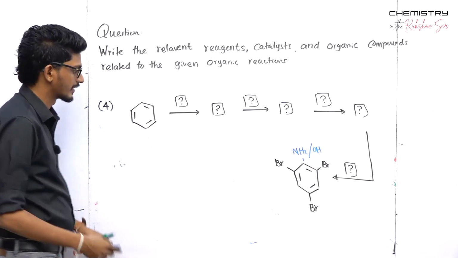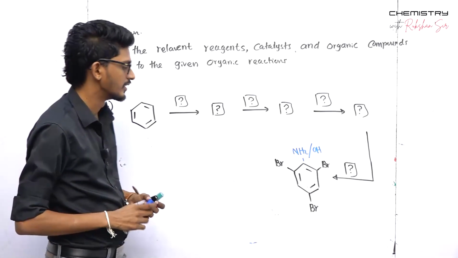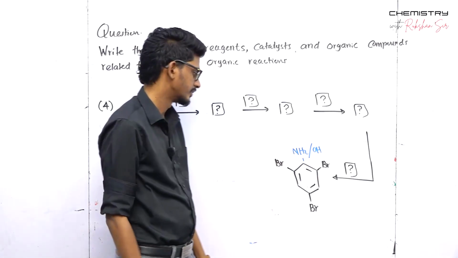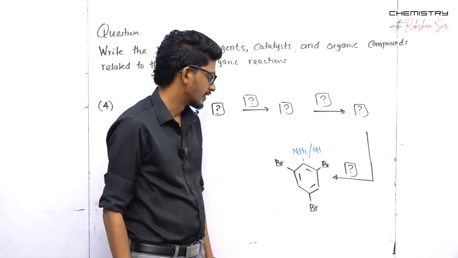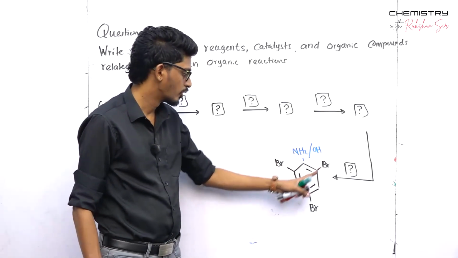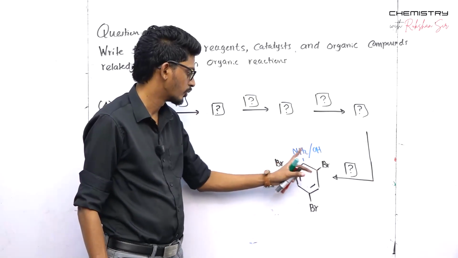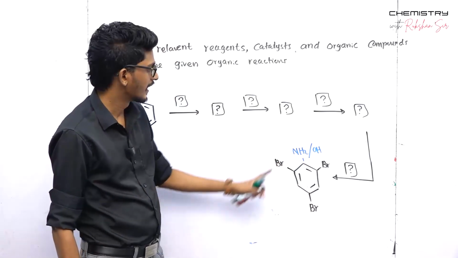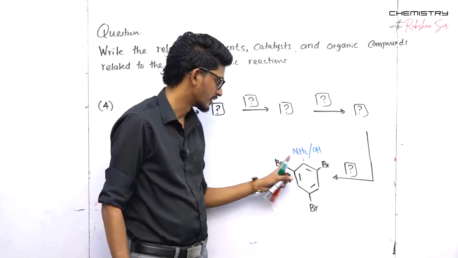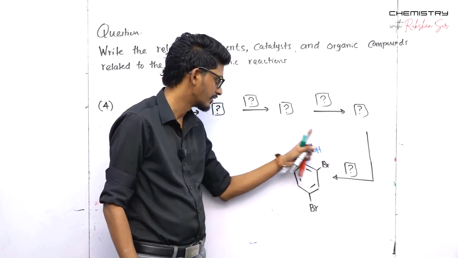So what has happened here? Basically, the three bromines are connected when the NH2 or OH was there. Then they have got rid of this section.